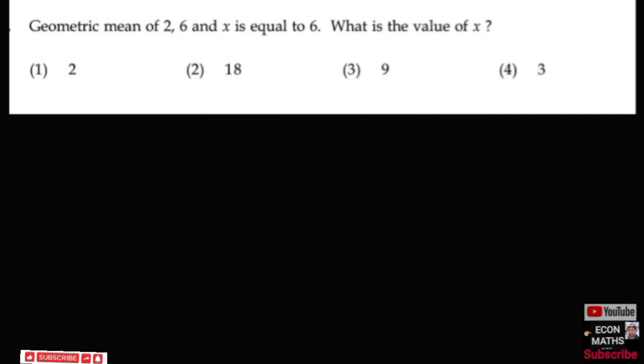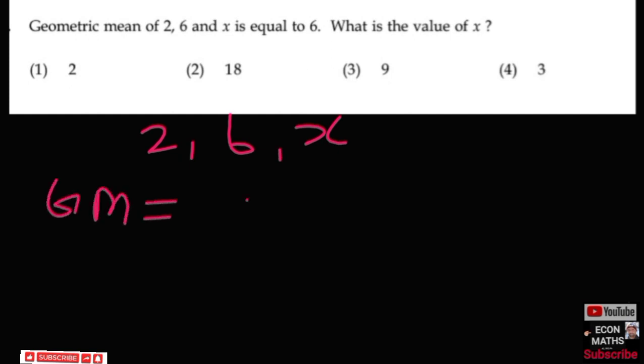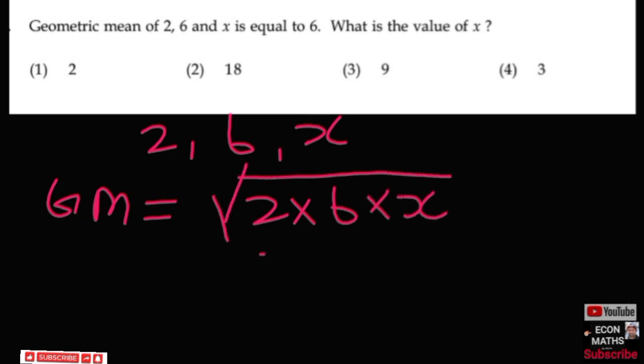Now coming to the question, we are given the numbers 2, 6 and x. Their geometric mean is found by multiplying 2 into 6 into x and taking the nth root. Here we have three observations, 1, 2, 3, so we take the cube root.